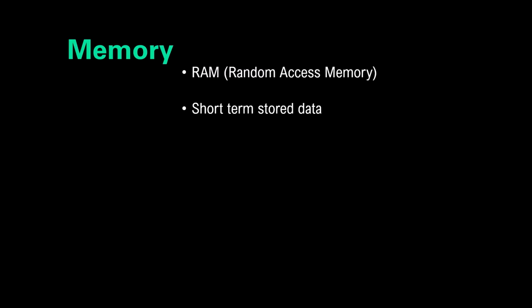Any information, any data that you're going to need in the next couple of minutes or hours, in one sitting on a computer, is essentially stored in memory. And a key term that you might have heard when discussing memory is RAM, random access memory.